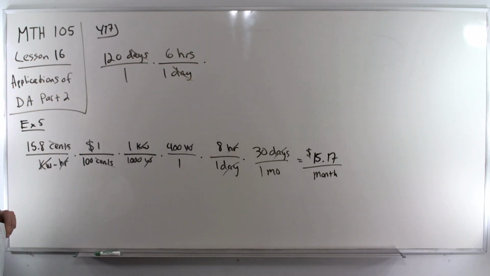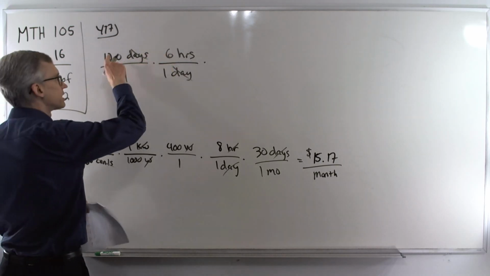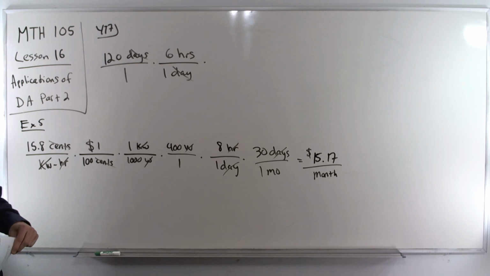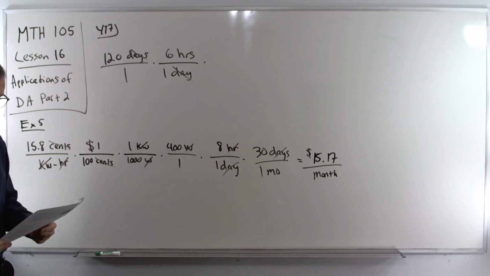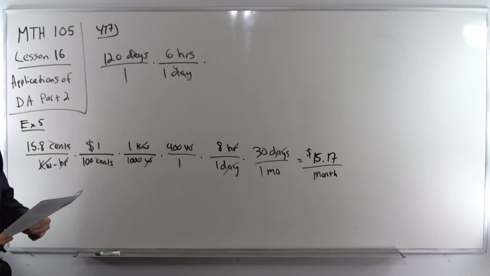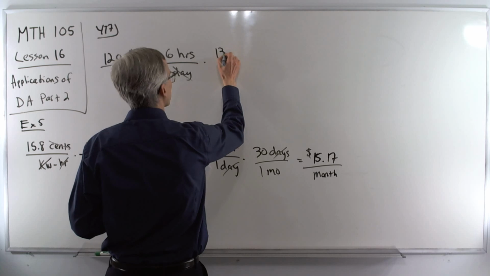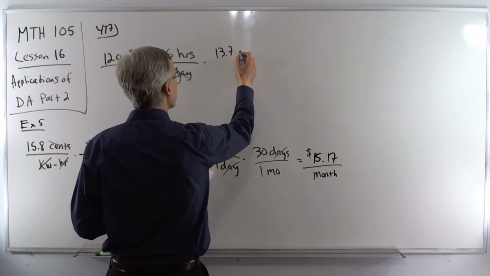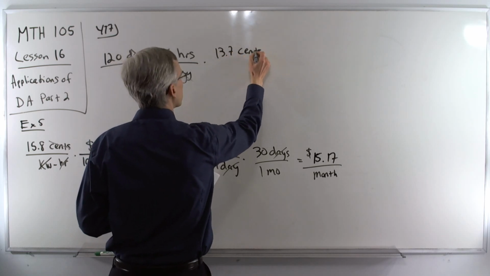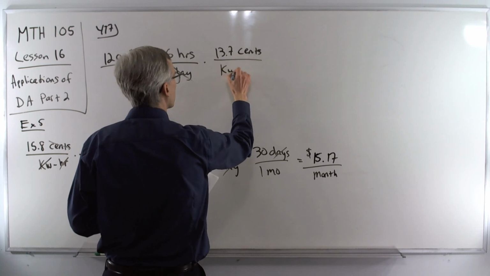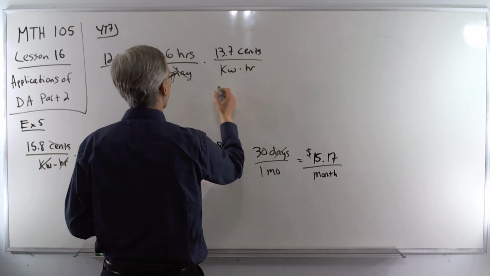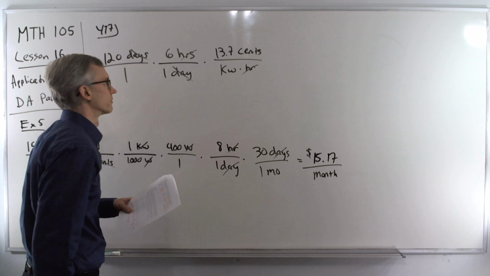All right, so that'll give us the number of hours we're going to run the space heater. 120 days, 6 hours each, multiply it out, we get the number of hours we're going to run it. And now to get rid of hours, we can use the cost. 13.7 cents per kilowatt hour. And now hours cancel.